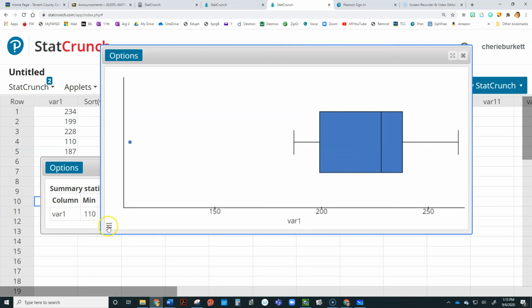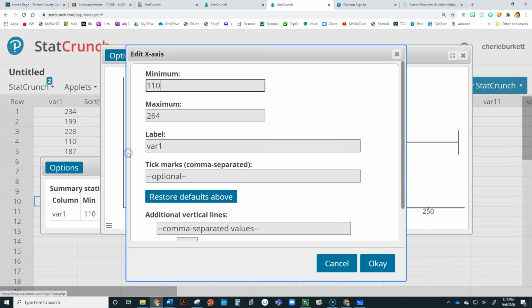You can change the x-axis scale. You click on the pancake right here, and you tell it to go to the x-axis. My graph started at 100, so I'm going to change that to 100, and my graph went up to 265. And if you want to do tick marks, you can say, I want one at 115, 130, 145.